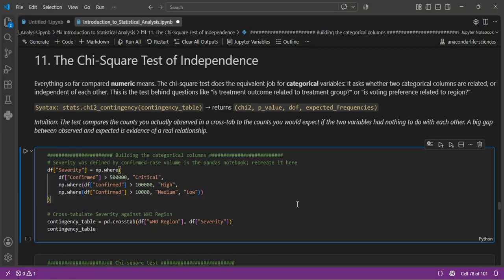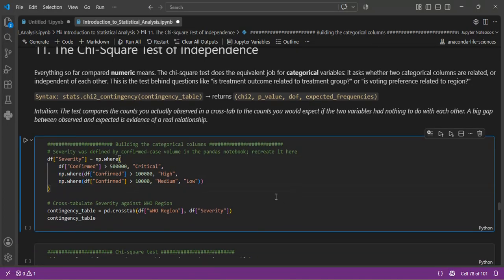Or let me just use insulin and glucose level. We have learned that as glucose increases, insulin also has to increase in order to increase the metabolism of glucose and prevent its accumulation in the blood, because excess glucose in the blood is toxic. So we would like to figure out whether those two conditions are related. In this case, we use a chi-square test, and it does not use numerical values. However, it uses categorical values.